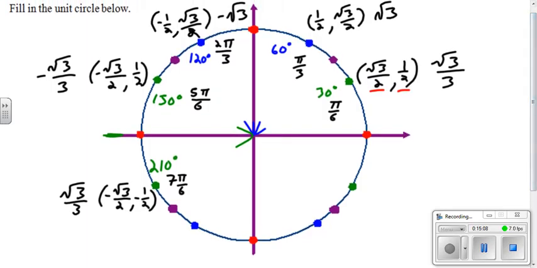For this blue one, again, it's another 30 degrees further. So we'd say that if this one was 210, this one is 240 degrees. If that one was 7 pi over 6, then this one would be 8 pi over 6, which we can reduce to 4 pi over 3.